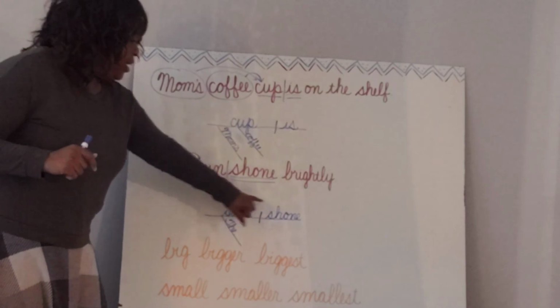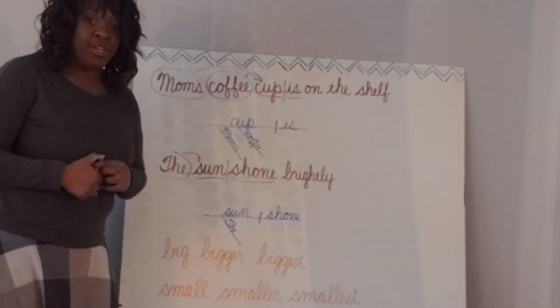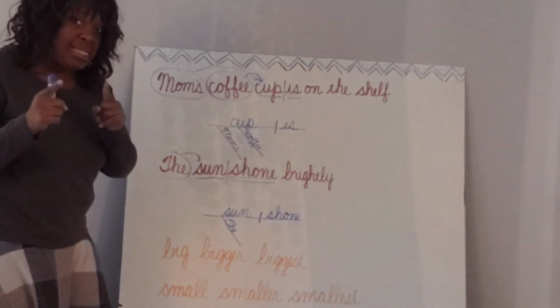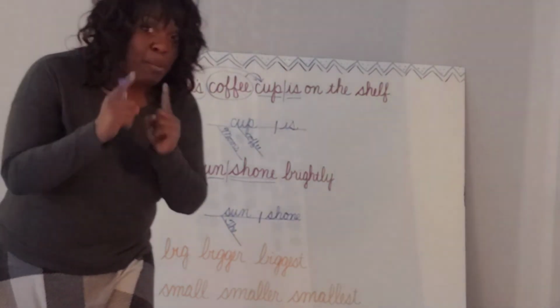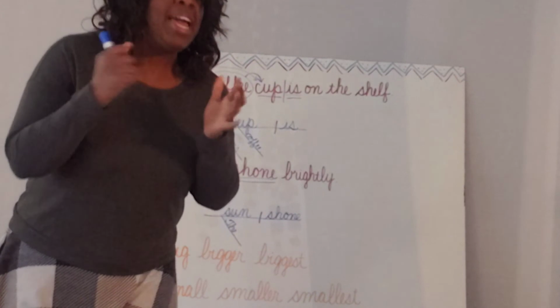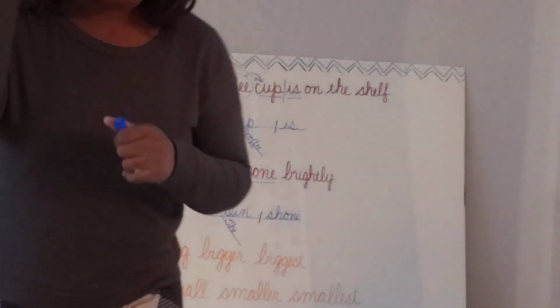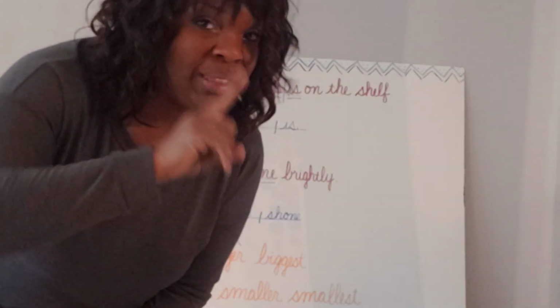So the sun and shone is what we're going to do. So that's how you're going to mark your sentences. Mark your sentences. And diagram, and make sure to get all of those adjectives. All right, I'll be back in just a second with our actual lesson for today.